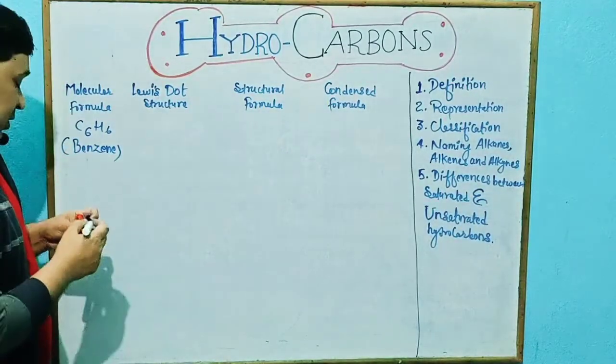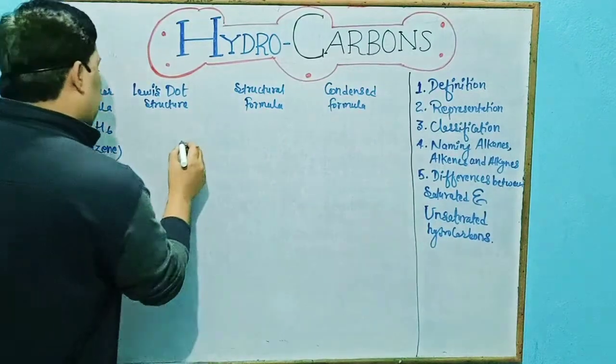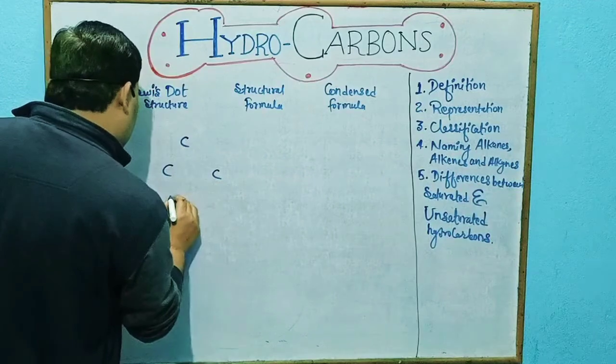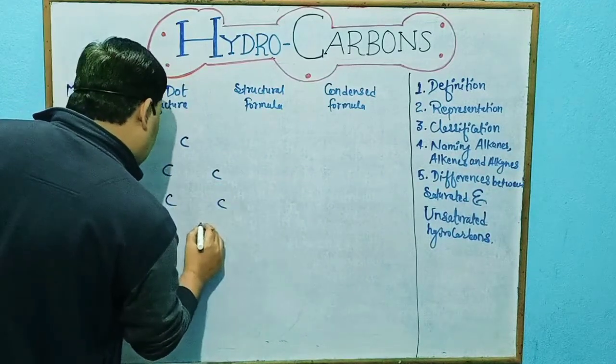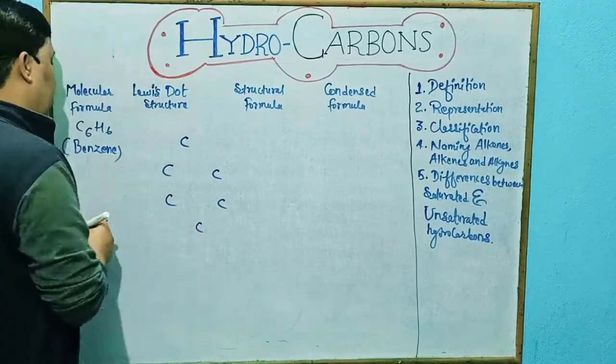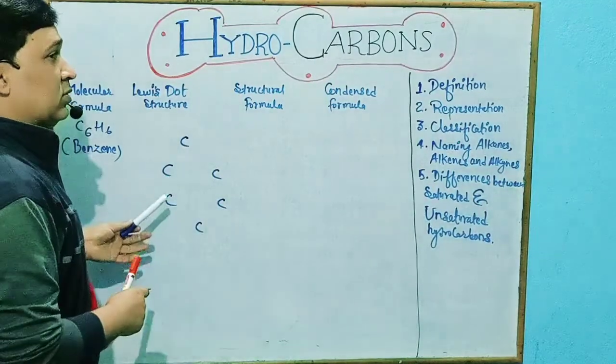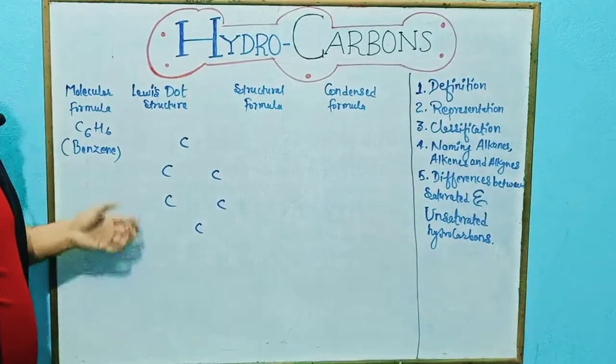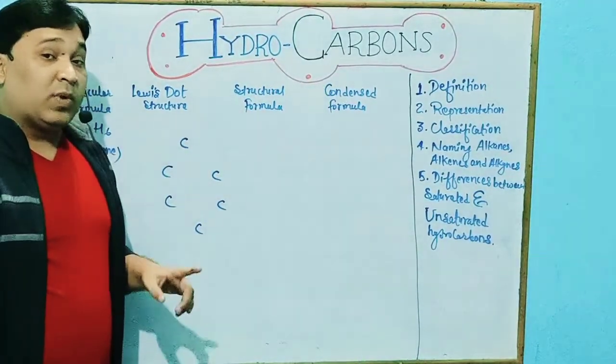So first of all, we will represent the carbon atoms. And then we will represent the hydrogen, because the number of hydrogen atoms is equal to the number of carbon atoms.